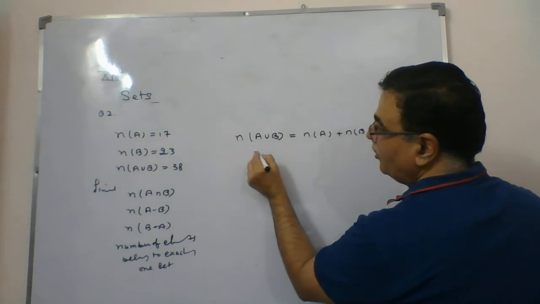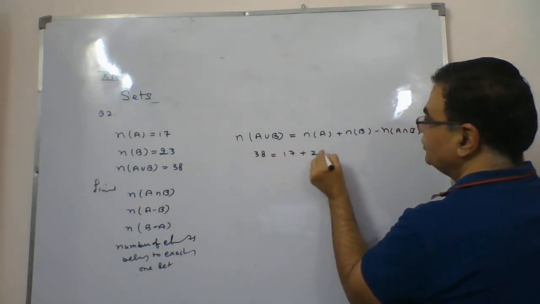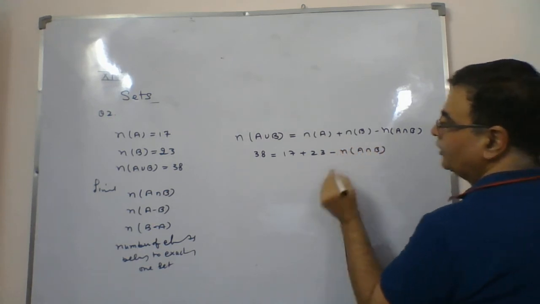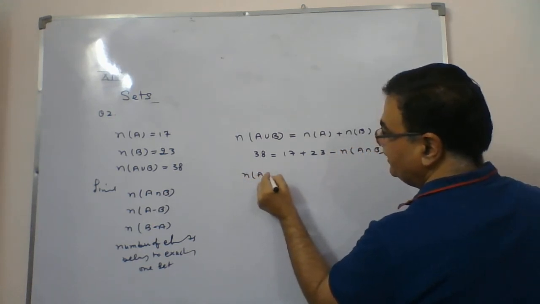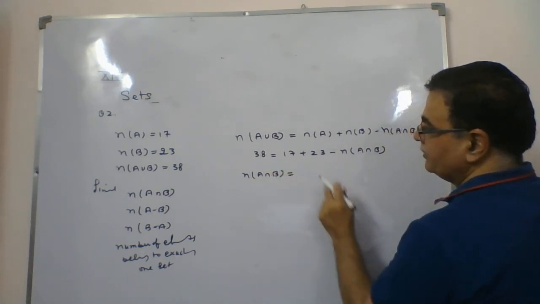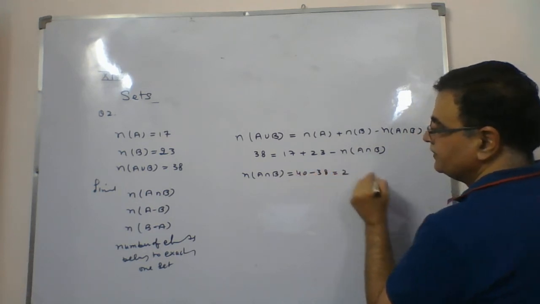A union B is already given 38, n(A) is 17, 23 minus n(A intersection B) you want. So I'll take this term here, n(A intersection B) is 40 minus 38, your answer is coming to 2.